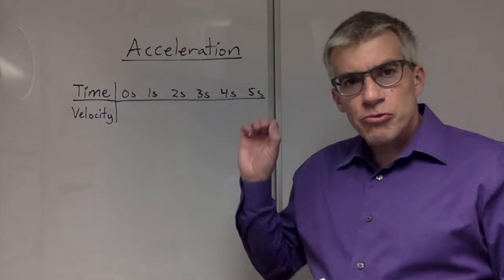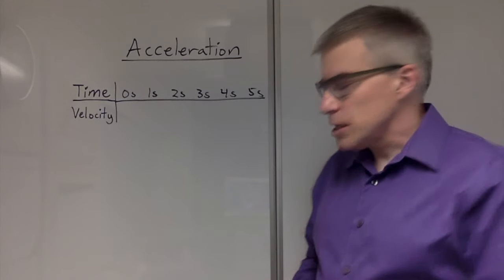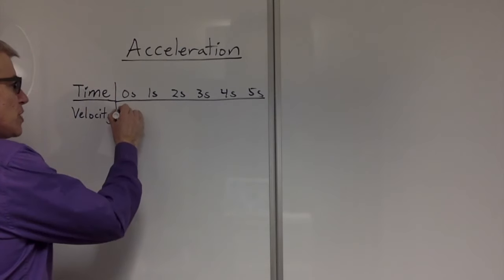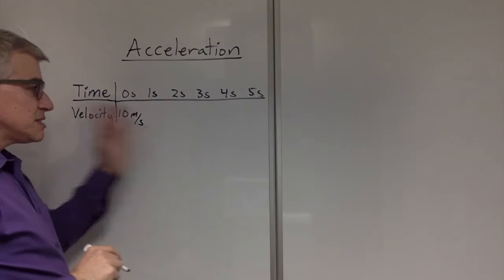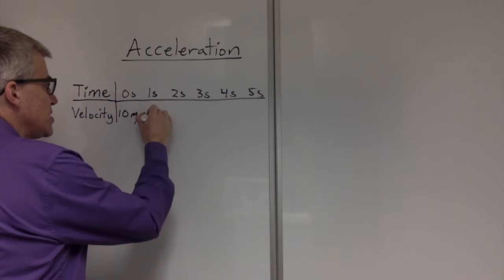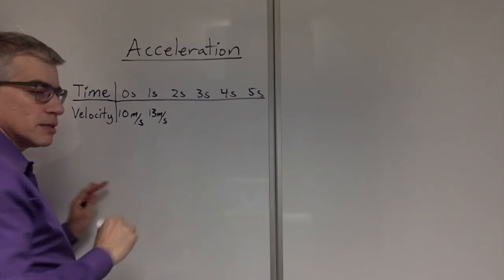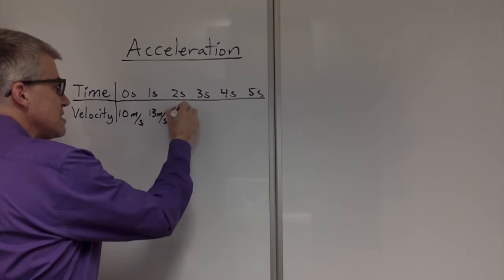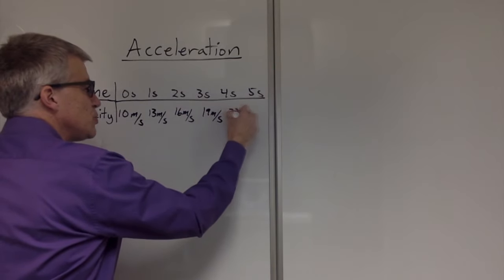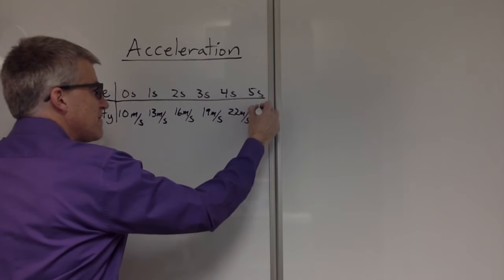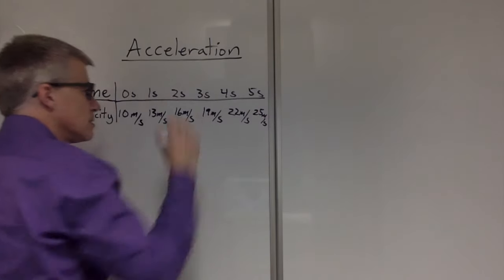Let's say that right at the beginning, it was already moving at 10 meters per second. And a second later, it was going at 13 meters per second. And a second after that, 16 meters per second. And then 19, then 22, and then 25 meters per second.